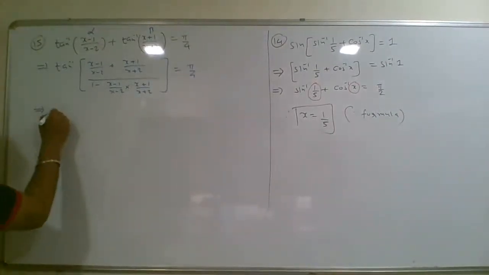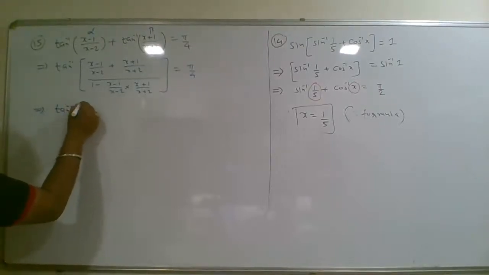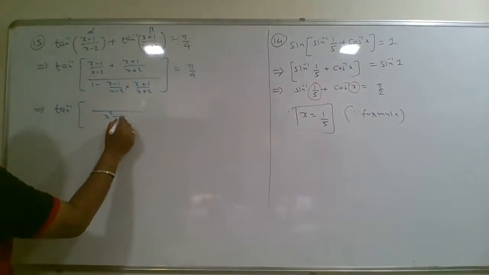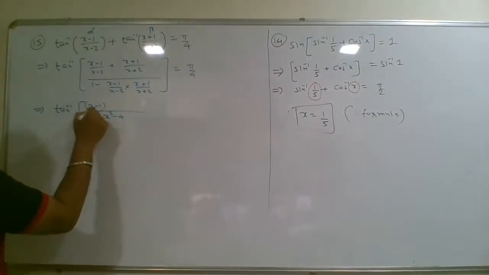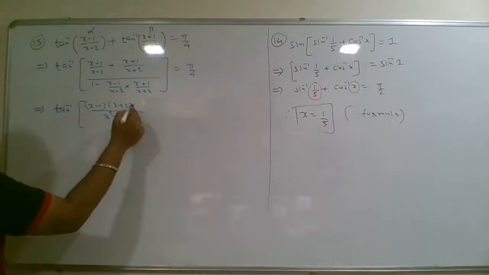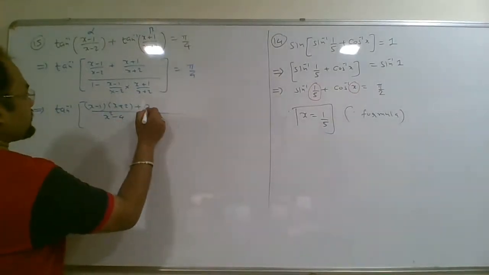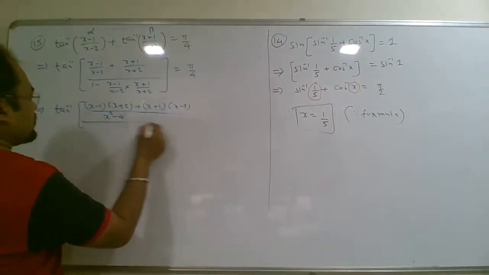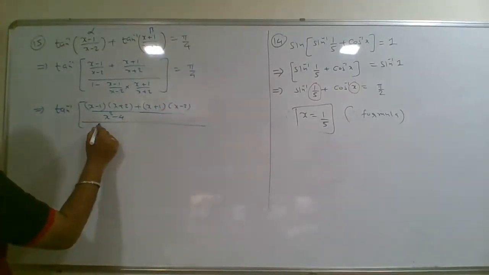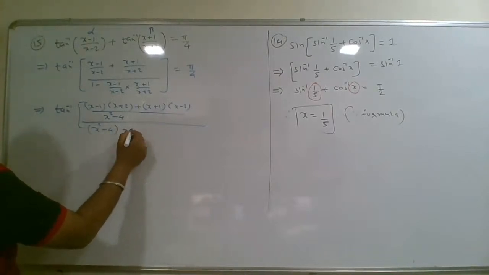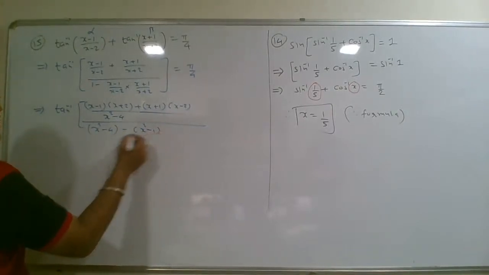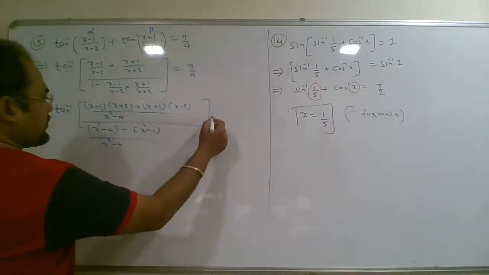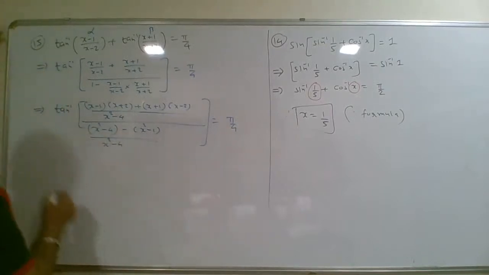So it is tan inverse, taking LCM, x square minus 4. It is x minus 1 into x plus 2 plus x plus 1 into x minus 2 whole divided by x square minus 4 minus x square minus 1 divided by x square minus 4, which is equal to pi by 4.